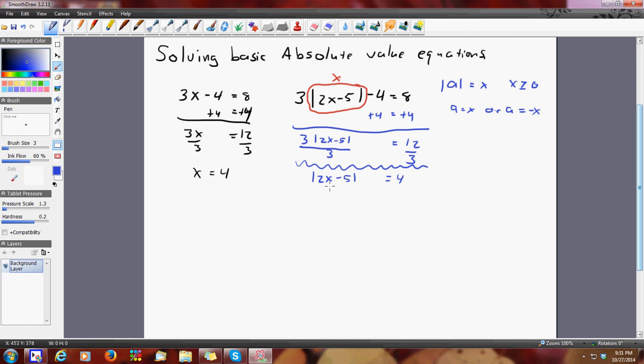Well, here, this is my a, and that's my x. I'm going to say 2x minus 5 equals 4, or 2x minus 5 equals negative 4.